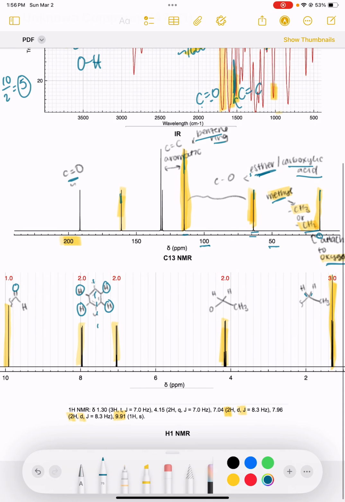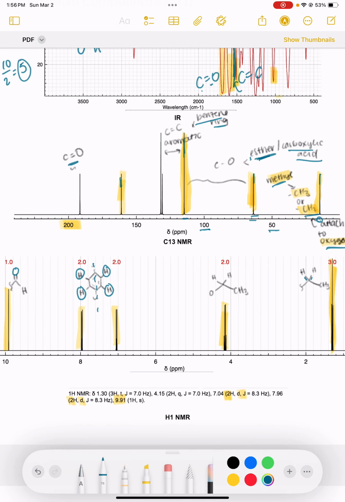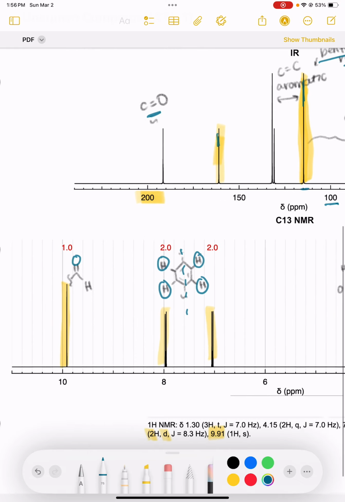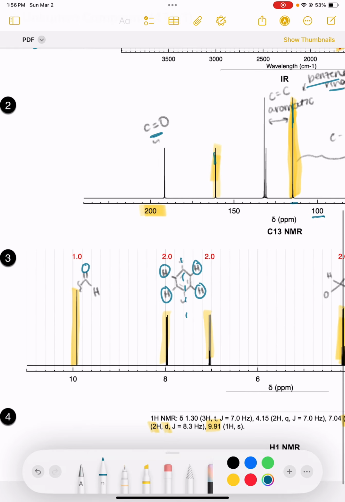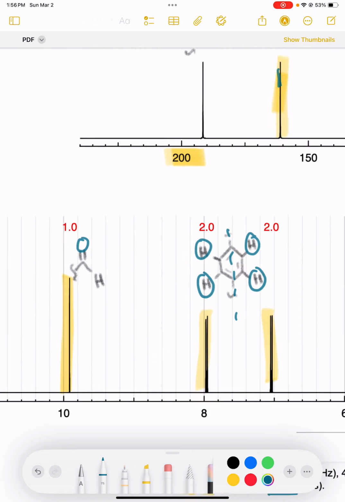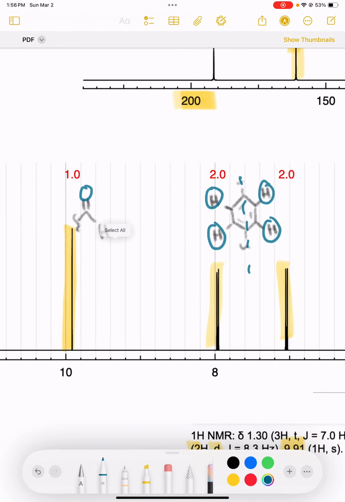So now if you look at the H NMR, around 9.91, they tell us there's one hydrogen and it's a singlet, which is true.